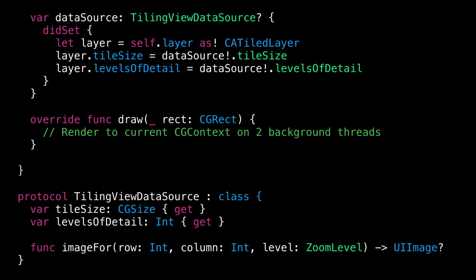So in our application, this is how we implement that. We have our data source, and that says for each image we want to display, this is the tile size, and this many levels of detail are there. And then we provide an image for each row, column, and level.